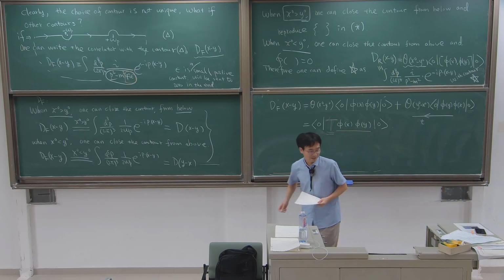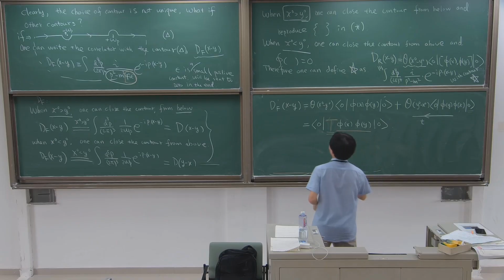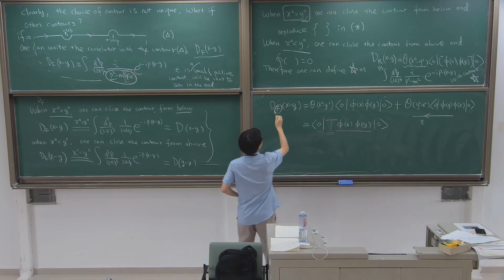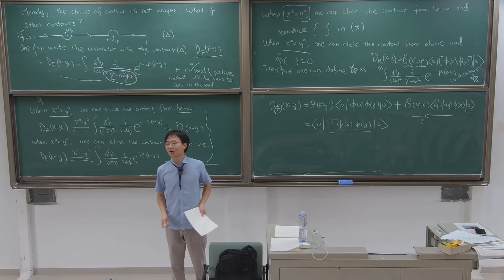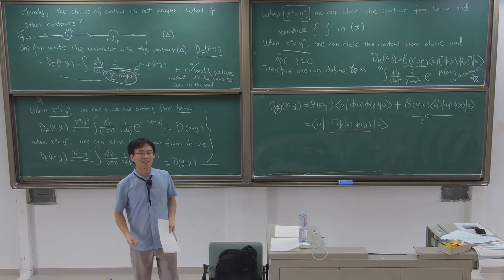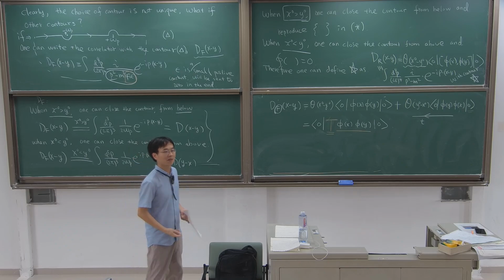Let me go back to a few remarks. Why did we choose F here? F denotes that this object has another name: the Feynman propagator.